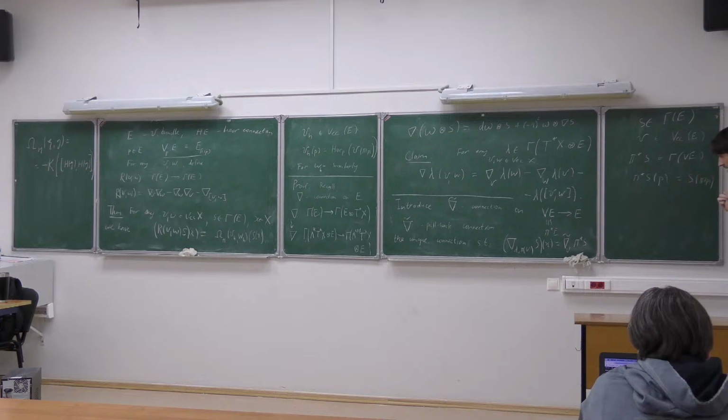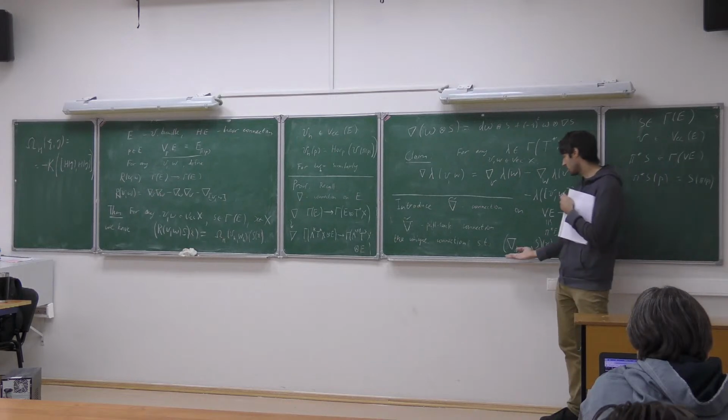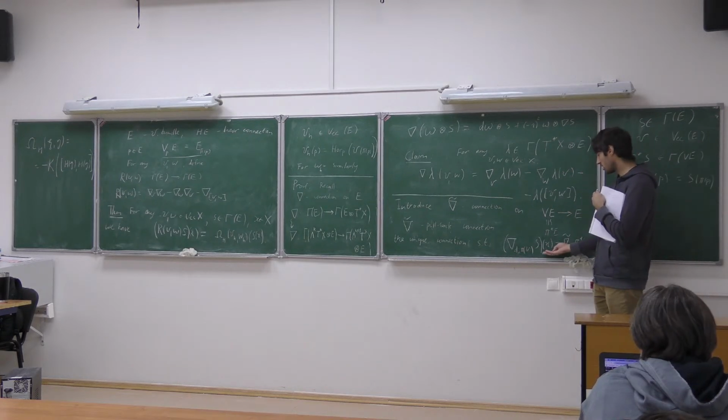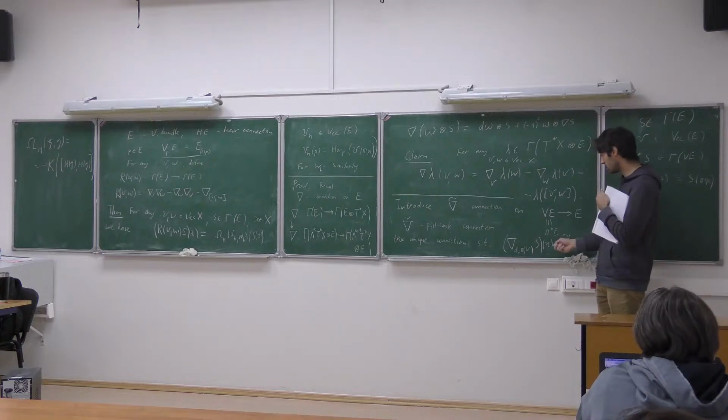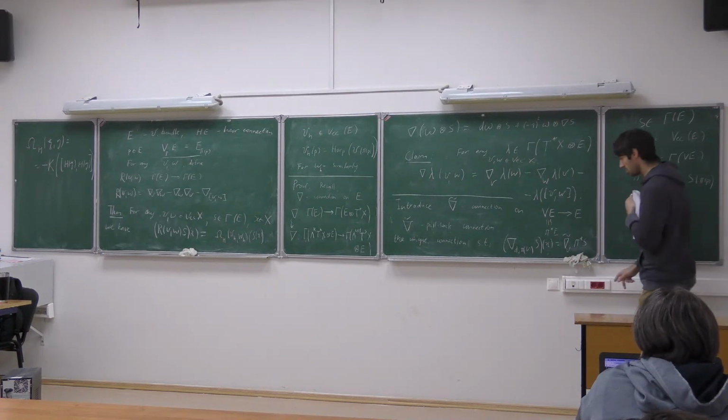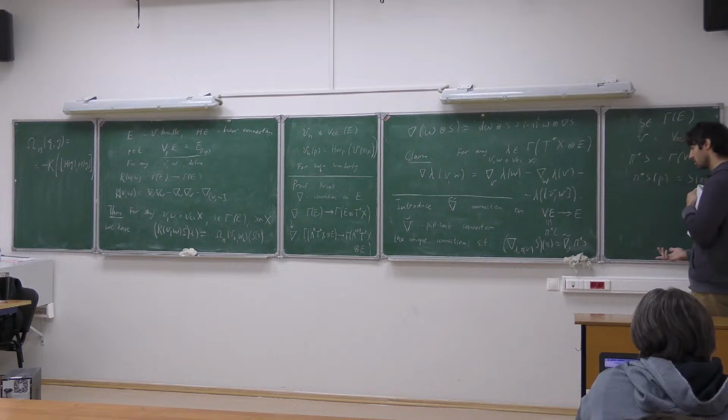Okay. So, anyways, I just claimed that there exists a unique connection nabla tilde here that satisfies this property. How you can prove it: you take some local basis of sections.